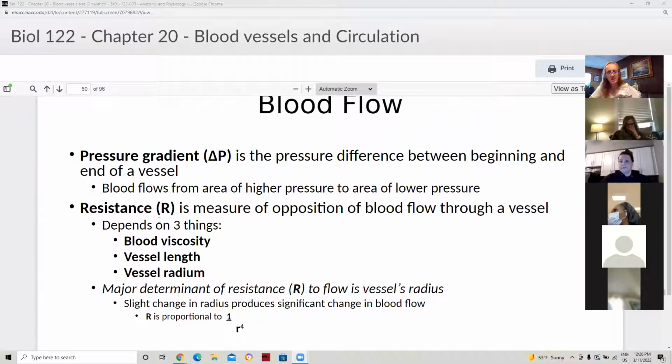Three things: blood viscosity or blood volume, vessel length, and the vessel radius.